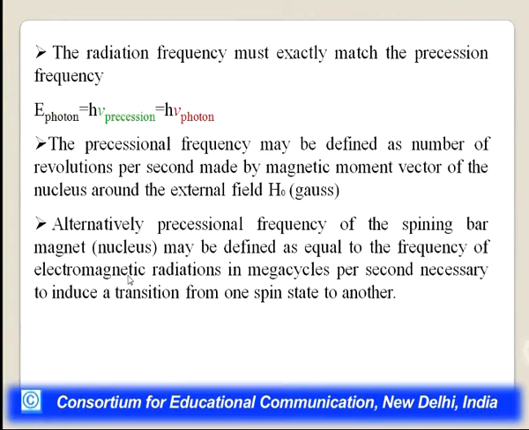If we are talking about UV-visible, or now about NMR, the precessional frequency of the spinning bar magnet is the frequency in megacycles per second necessary to induce a transition from one spin state to another.